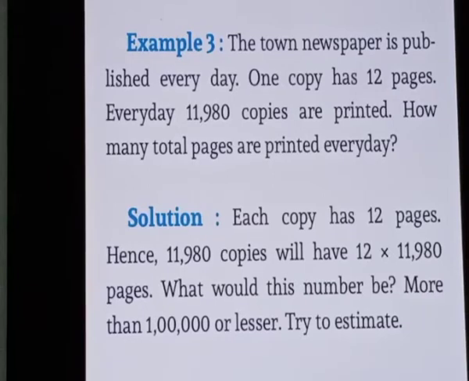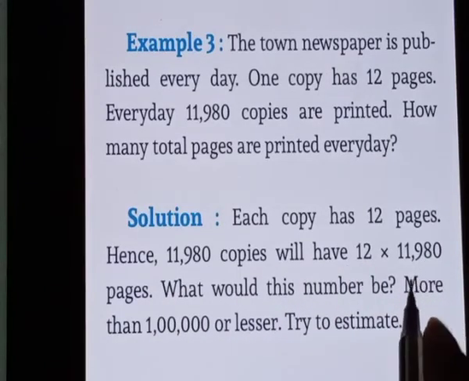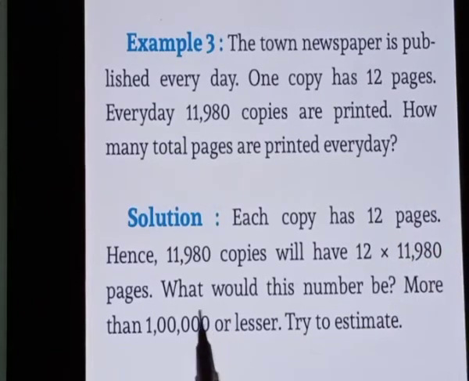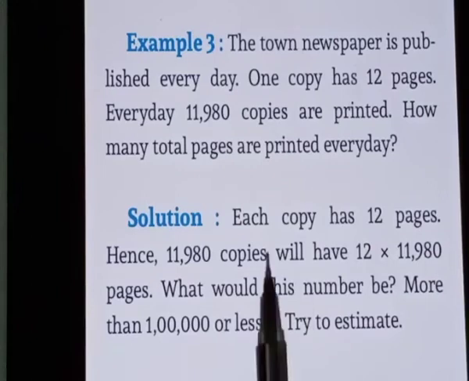How do you get the answer? You have to multiply. So in 11,980 copies, the number of pages will be 12 multiplied by 11,980. Would this number be more than 1 lakh or less? Try to estimate.